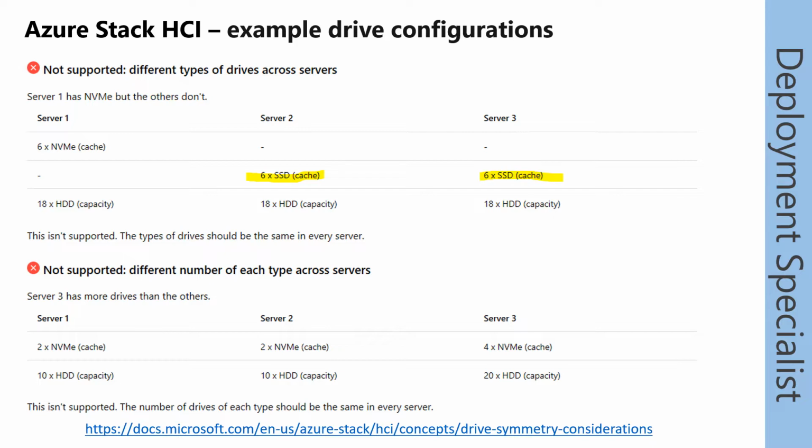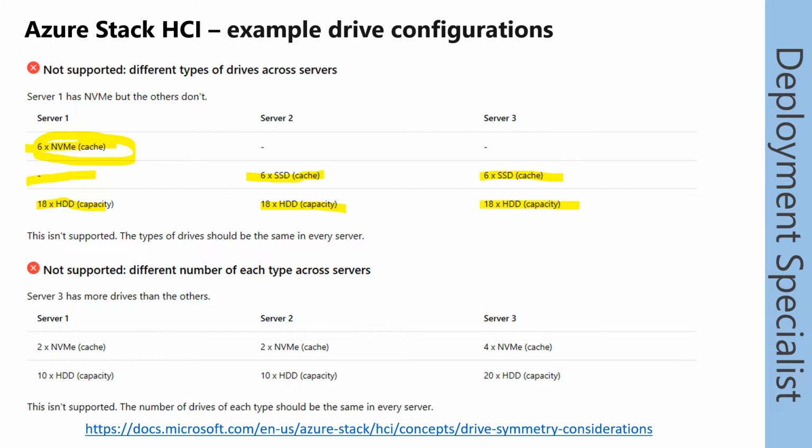Now the NVMEs are cheap. I add a server with the same number of capacity drives, but now with NVMEs instead of SSDs. This is not supported. So you have to decide to use server 1 also with SSDs or to run server 2 and 3 with NVMEs or upgrade them to NVMEs.